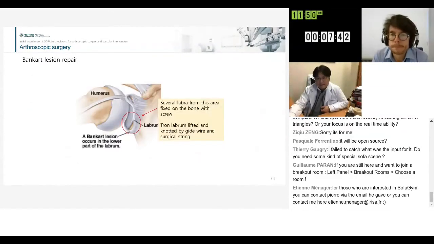Another surgery application was Bankart lesion repair, which is very similar to the other one in terms of motion and simulator technology, and just the content is a little bit different.